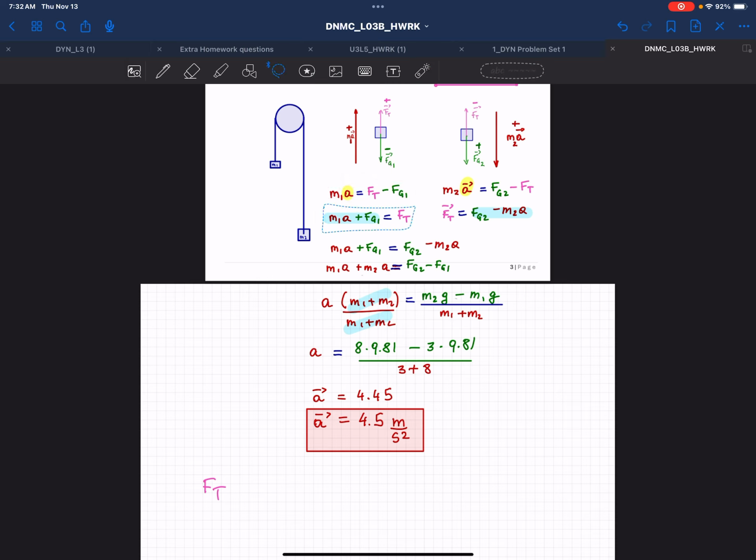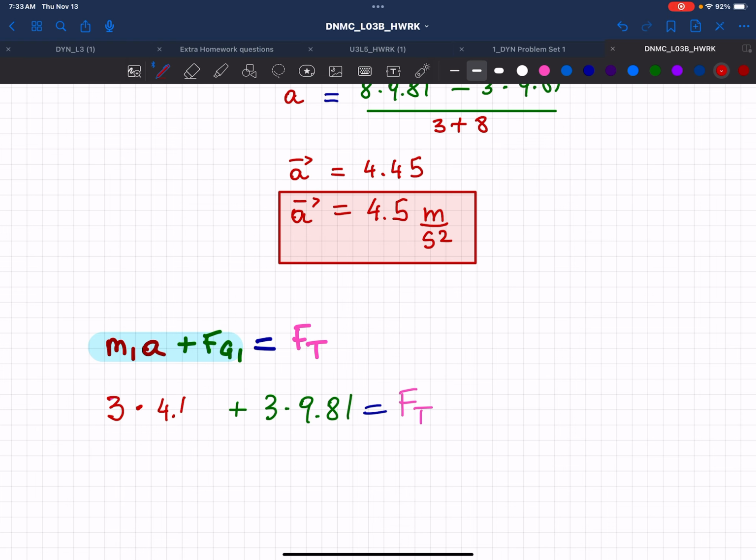And just simply calculate. Now, I encourage you to use the unrounded number, 4.45, as opposed to the rounded one here when you calculate tension, because we are using a number that we have calculated and rounded, and using rounded numbers will provide more discrepancy in the final answer.